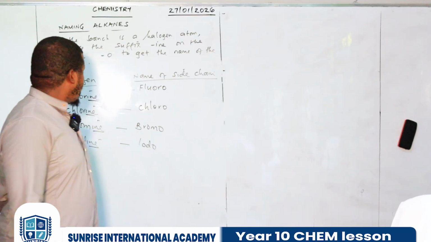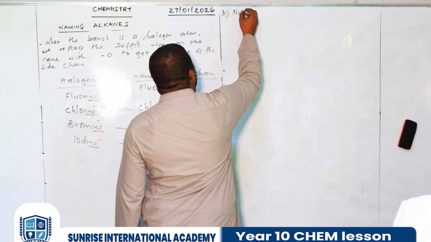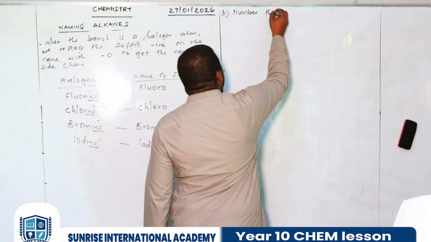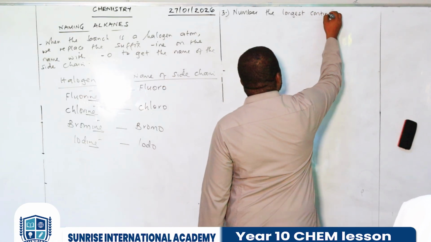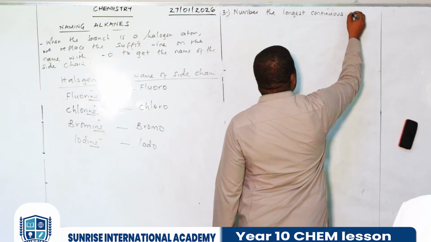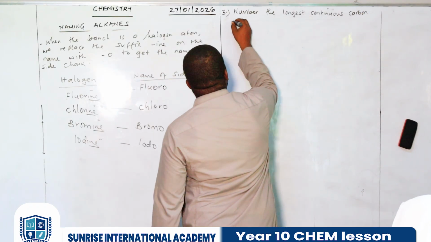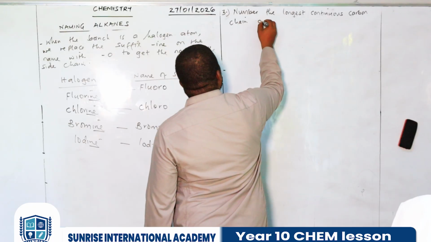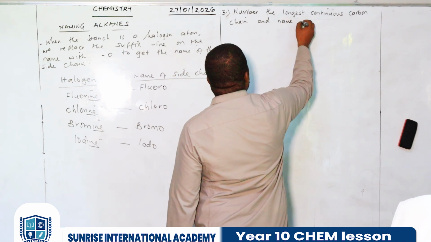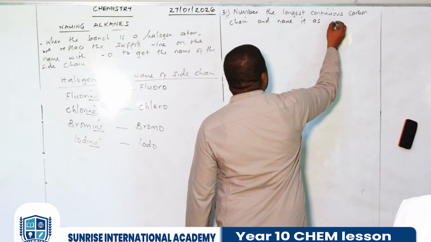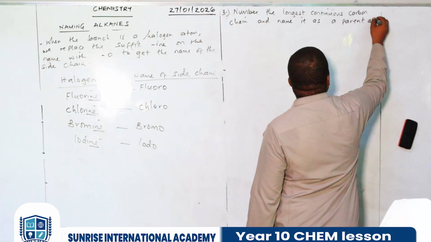Rule number three, identify the longest continuous carbon chain and name it as a parent alkane.